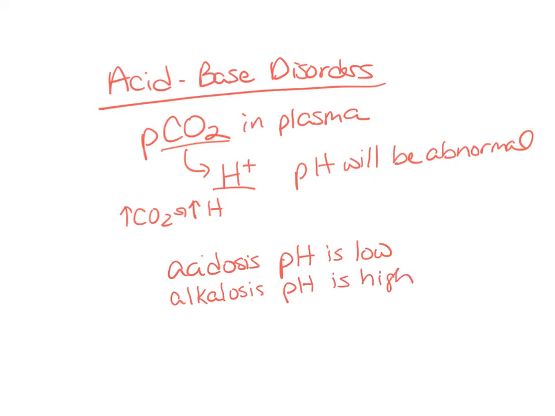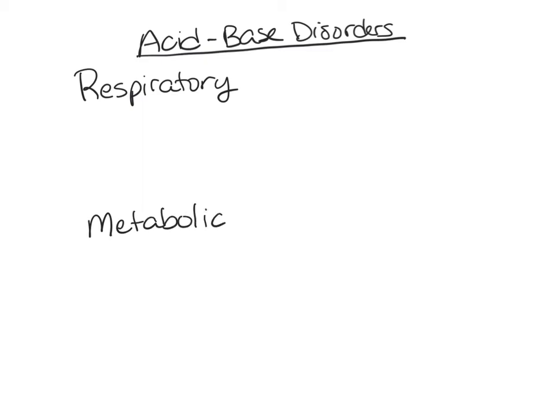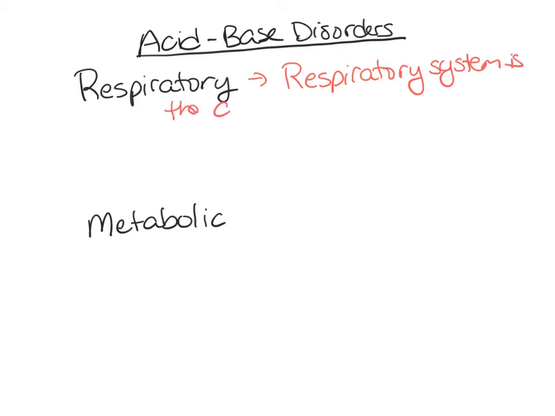So we're going to talk about individual acid-base disorders, and then we're going to look at how you would identify an acid-base disorder. We'll be looking at respiratory acid-base disorders, and we'll be looking at metabolic acid-base disorders. A respiratory acid-base disorder is when the respiratory system is the cause of the disorder. What I mean by that is either the person is breathing out too fast, so they're breathing out too much carbon dioxide, or they're breathing too slow.